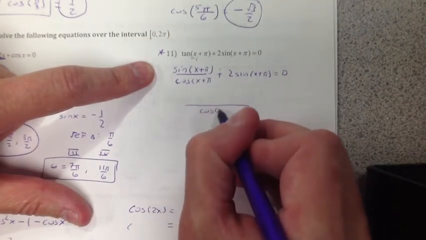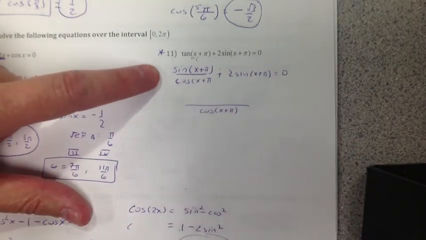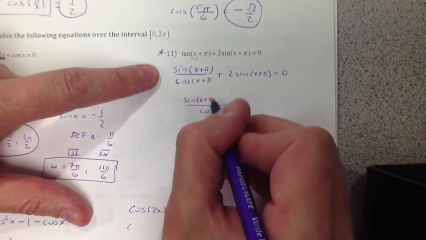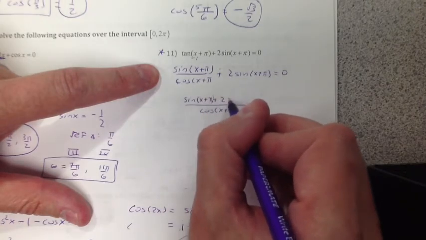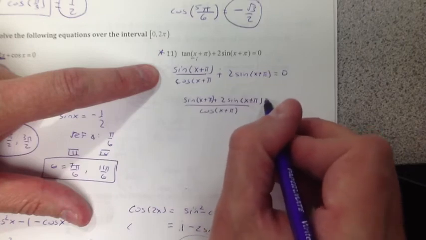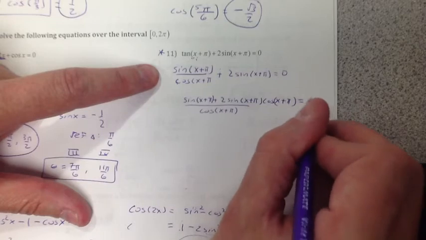It's cosine of x plus pi. And on top, I get the sine of x plus pi plus 2 sine of x plus pi cosine of x plus pi equal to 0.